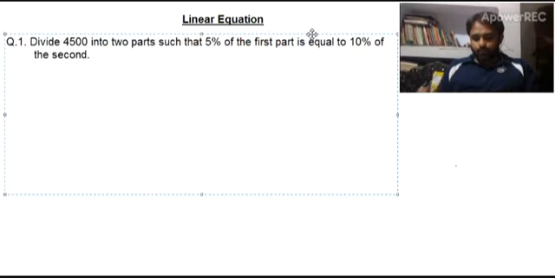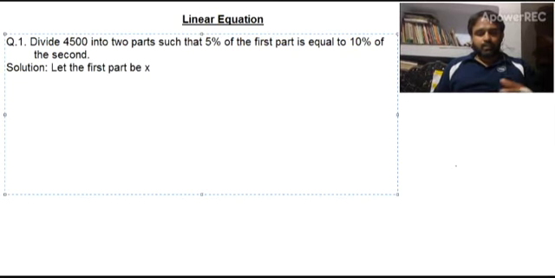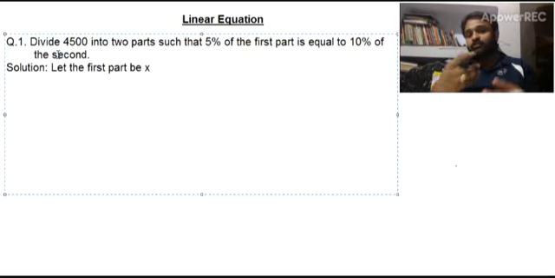Right, so how can we proceed in this particular solution? As usual, as we always take, let the first part be x. Remember, in place of x we can use any variable.